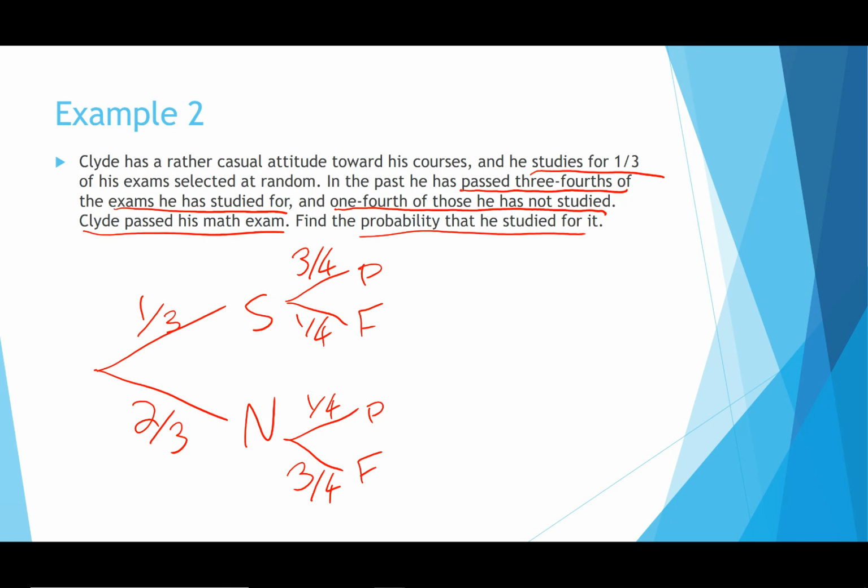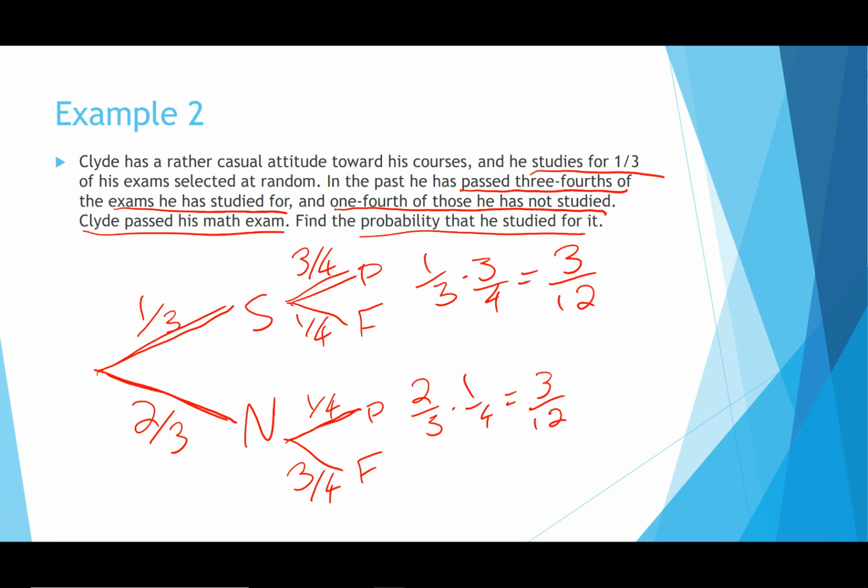So if he studied and passed, that's 1/3 times 3/4, which is 3 over 12. And if he didn't study and he passed, then that is 2/3 times 1/4, which is, oh, I'm sorry, 2 out of 12. My apologies.